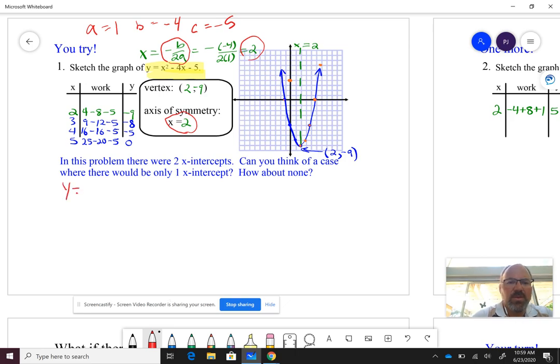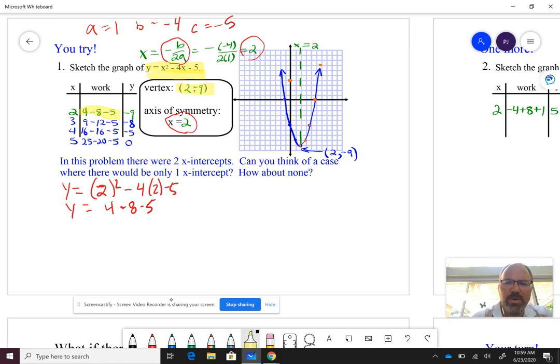Again, y equals, in this case, we're going to put 2 in for x, -4 times 2 minus 5. So this is the work that's being done, 4 minus 8 minus 5, which is what we have here. And then when you simplify that down, you end up with -9. So you put that x value and that y value together, and that is your vertex.